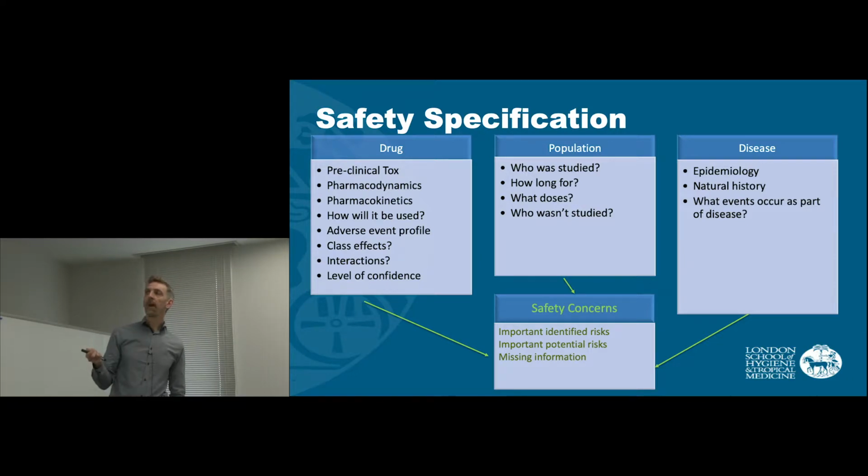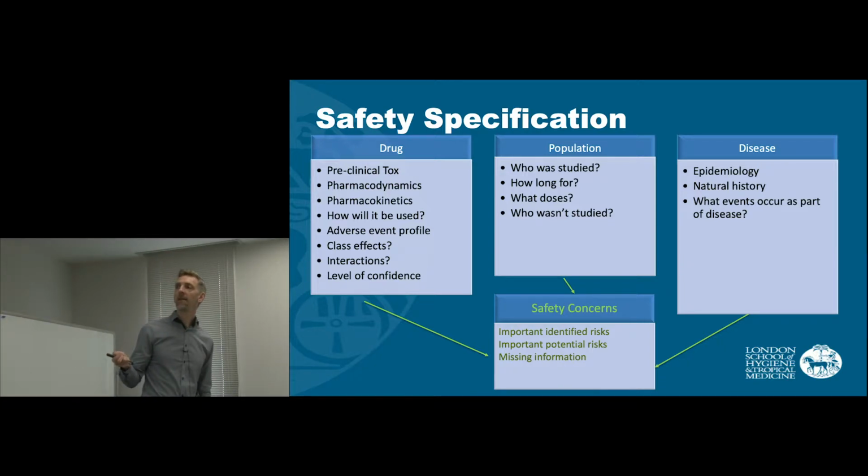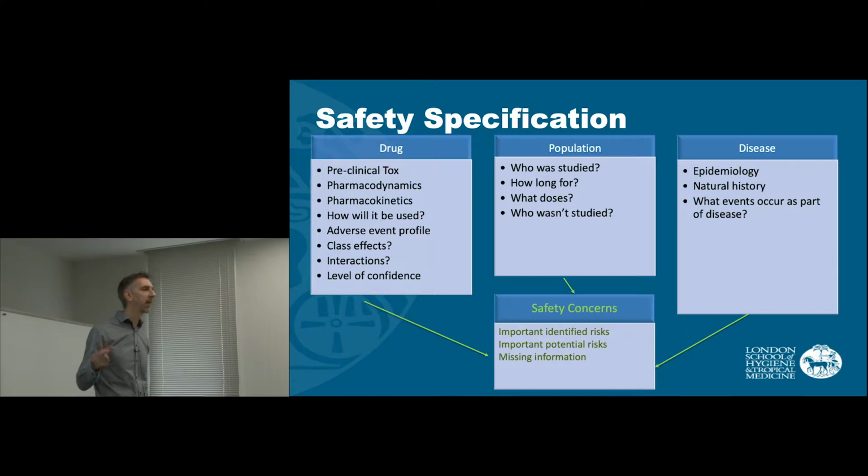It'll also talk about how we think that the treatment will be used. So what sorts of patients are we hoping will become exposed to the drug? It'll talk about the adverse event profile. So that's what do we already know? And this is your common adverse reactions, the 1 in 100, fairly common things that we've already seen. It may also consider class effects.